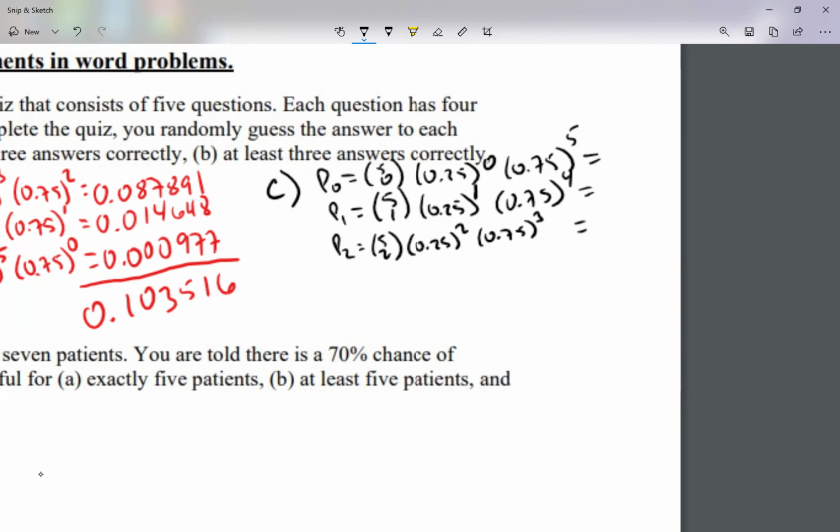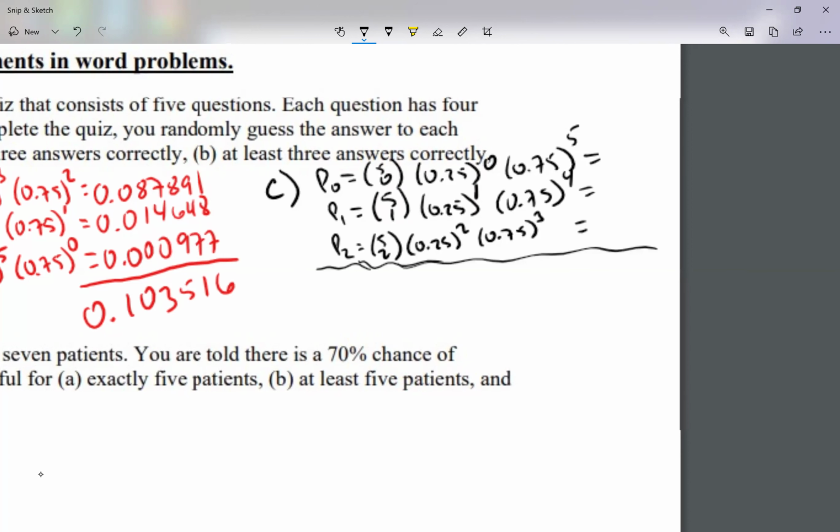Now, there's another way we could have done this, because when I combine all my possibilities, my probability is 1. So basically, the probability of 0 plus the probability of 1 plus the probability I get 2 right plus the probability I get 3 right plus the probability I get 4 right plus the probability I get 5 right, when I add all my probabilities, is equal to 1.